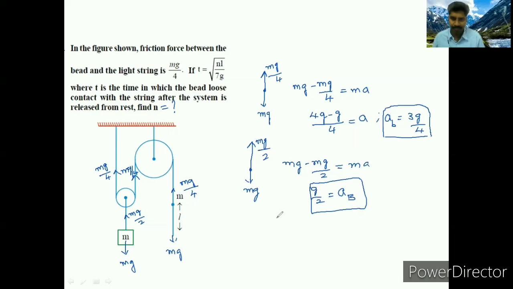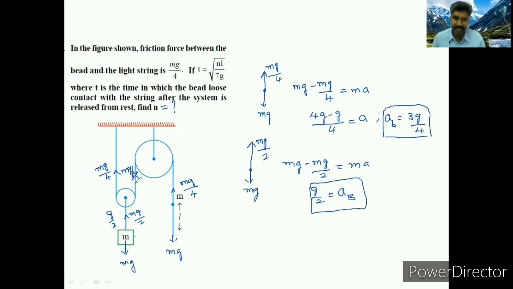So here this bead is released from rest. It will come in the downward direction. This string is going in the upward direction. So what we got here is the block acceleration, g by 2.